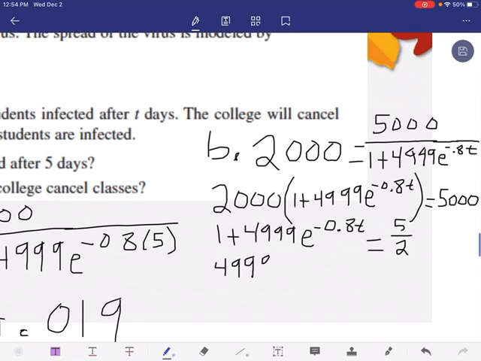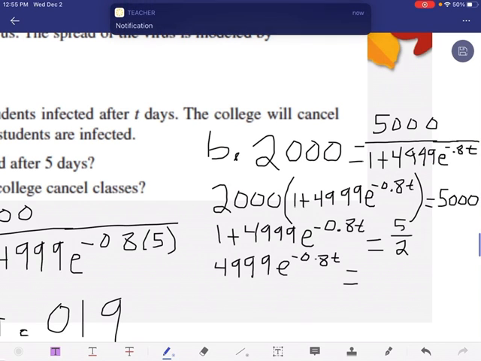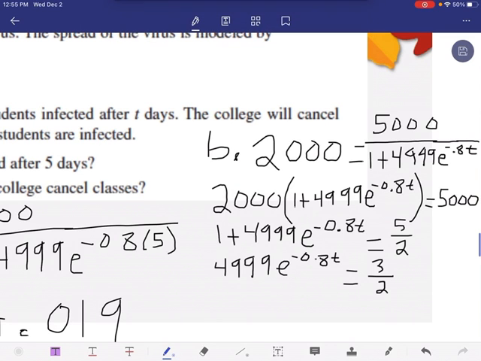Again, I'm just trying to get that e by itself in order to be able to solve for t. Eventually, we're going to have to take the natural log, but we can't do that until the e is by itself. So if I subtract 1, I would be 5 halves minus 2 halves is 3 halves.